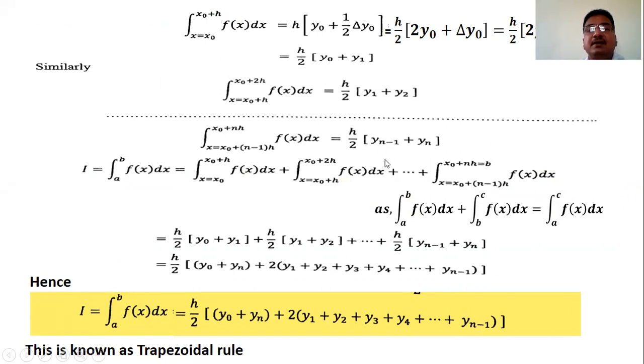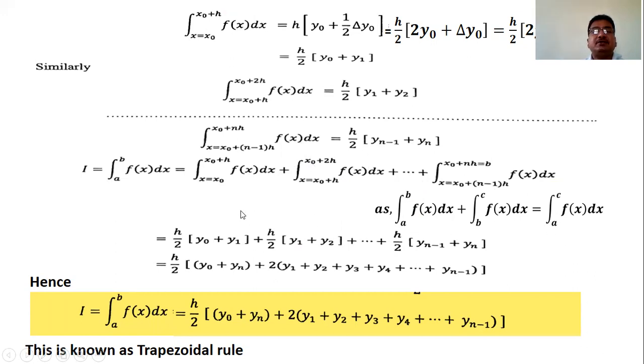And then adding all these steps, we use this rule: integration a to b f(x) dx plus integration b to c f(x) dx is a to c. Like that, if we add a to b plus b to c plus c to d, then it is integration a to d.